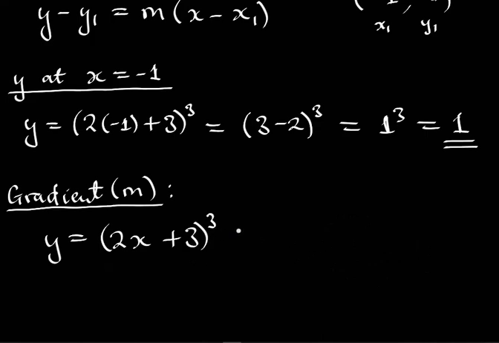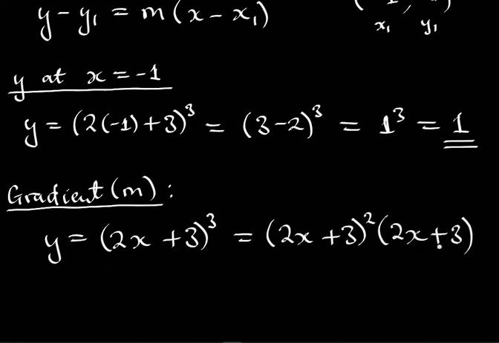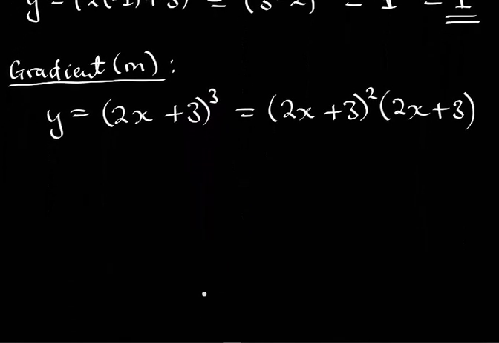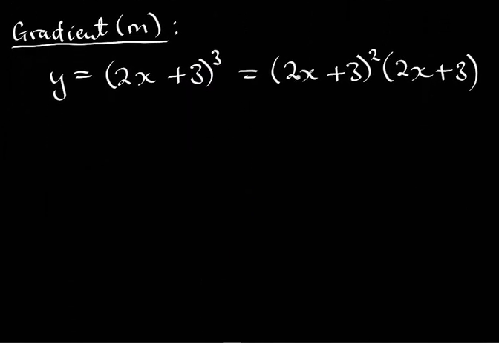So the easiest way, if you don't want to sweat so much, is just writing this as 2x plus 3 squared times 2x plus 3. This is the simplest way you could do it. There are many other ways, but I want a very simple method that you can easily remember.